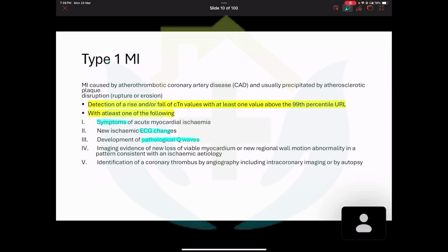And the echo evidence of new loss of viable myocardium, that is a new regional wall motion abnormality, which bedside echocardiography will diagnose. And finally, this is the cardiologist's domain, identification of coronary thrombus by angiography, right? So these are the important things.